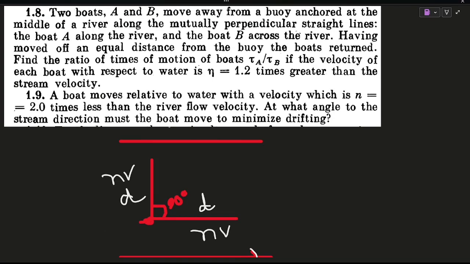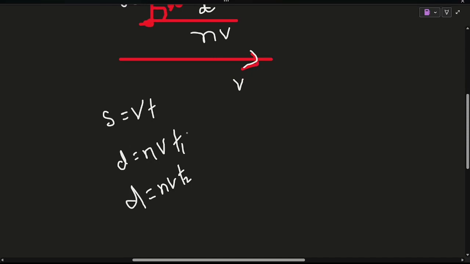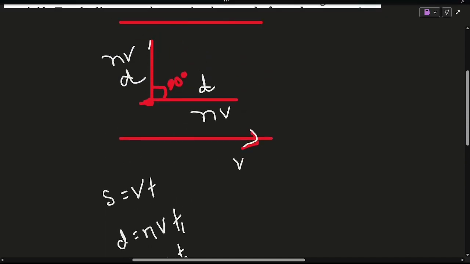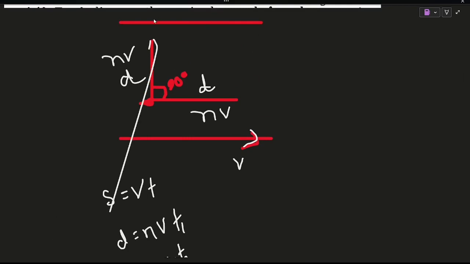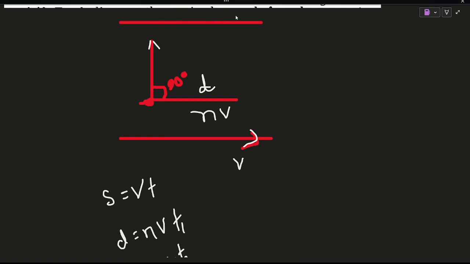Let's assume that the boat has to start in this way, going at an angle, let us assume it is alpha.